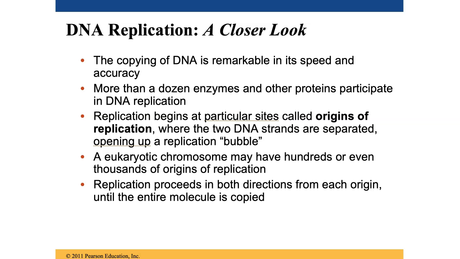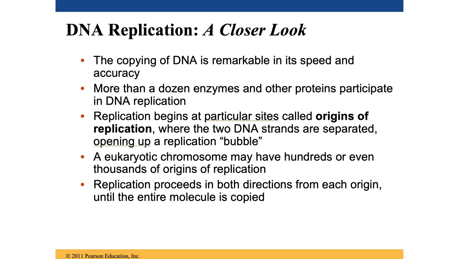And we'll cover the origins of replication, the spots along the chromosome where replication has to begin. It's like a little start site. Of course, eukaryotic chromosomes are linear, right? We have 46 chromosomes, and with the exception of the Y chromosome for males, all of the other chromosomes have thousands of genes, and so they have thousands of origins of replication as well.